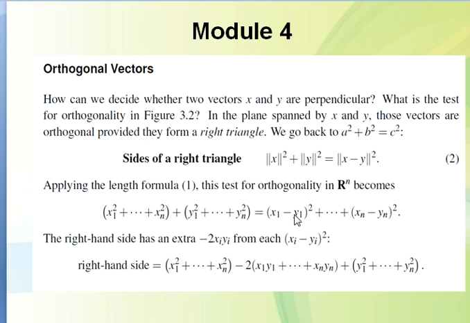So now (x1 minus y1) square is expanded as x1 square plus y1 square minus 2x1y1. It means on the right side we have this minus 2xy term as an extra.